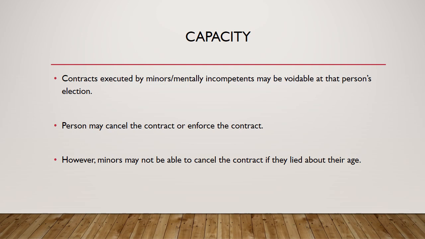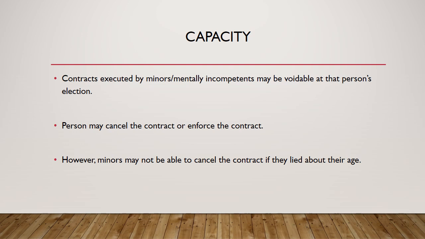That means he has the option to either enforce it and paint and get paid the $2,000, or he has the right to cancel that agreement and walk away without being in breach or subject to any contractual legal liability to the homeowner. But the flip side is not true. Just because he's 17, the homeowner doesn't get to cancel the contract themselves. It's up to the painter's decision. So the homeowner can't say, oh, I now learned you're 17, I'm canceling the contract.